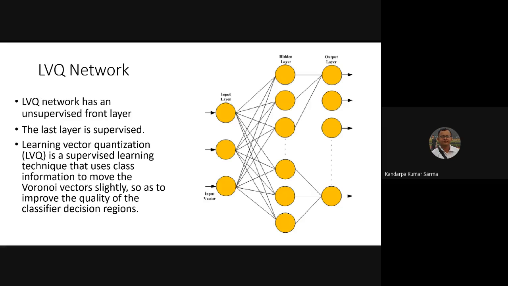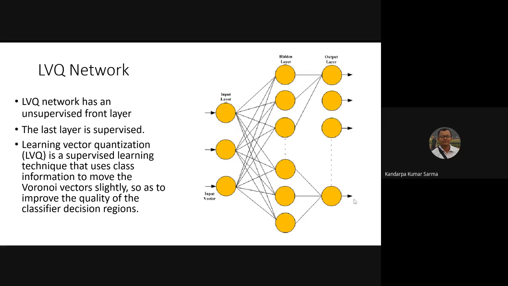The learning vector quantization network can be seen as shown in this diagram. Up to the middle layer, the second layer, this part is the SOM, where unsupervised learning is going on. The last layer is a supervised layer.